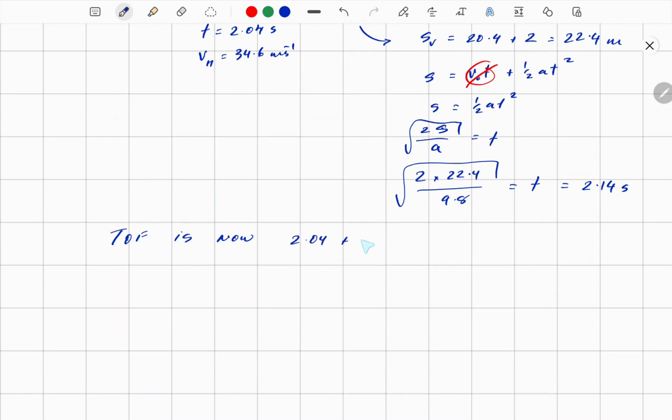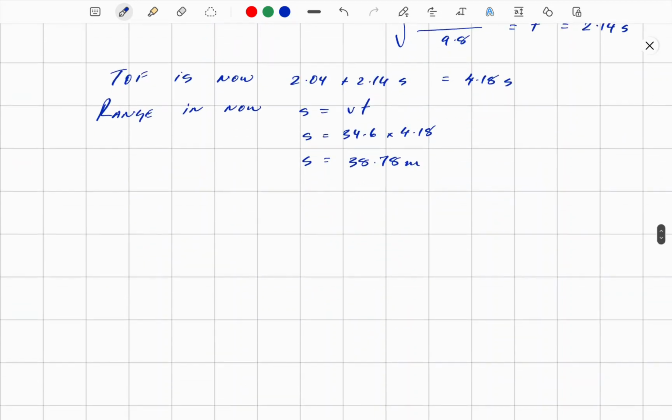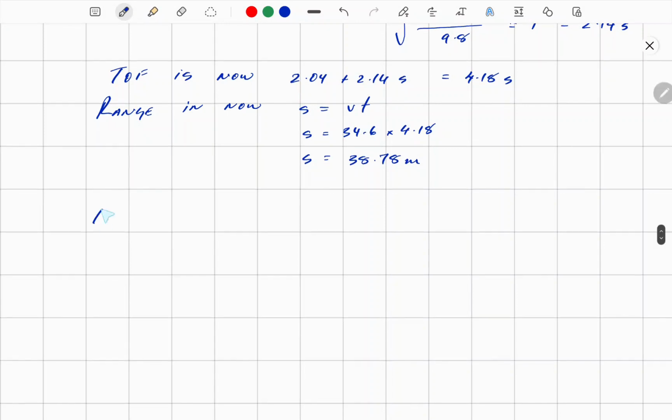Now the time of flight is going to be the first and second stages added together. Now we've got the new time, we can calculate the range by timesing it by the horizontal velocity. Before proceeding to work out the final velocity, we need to calculate the final vertical velocity.